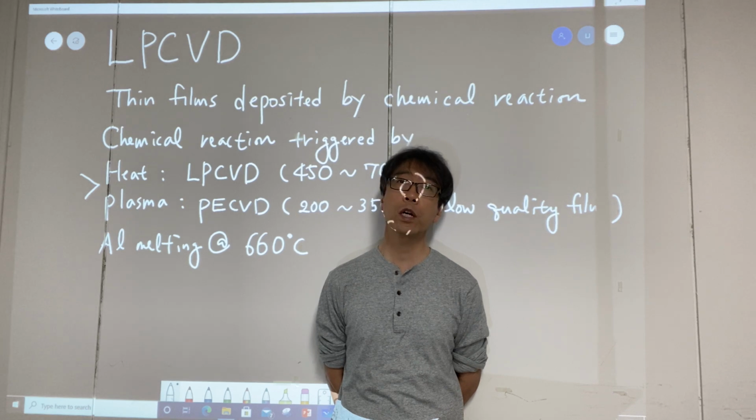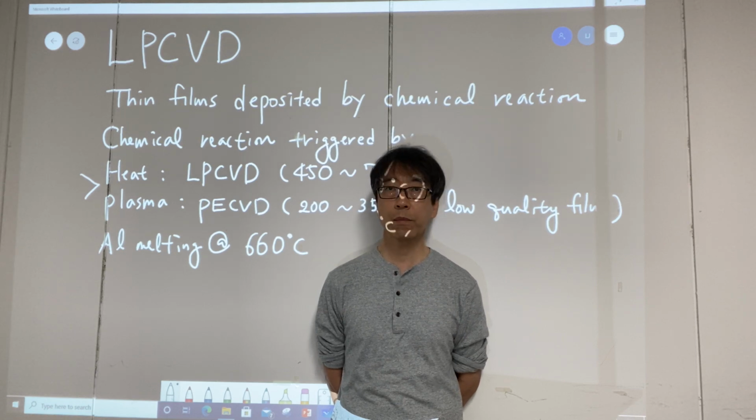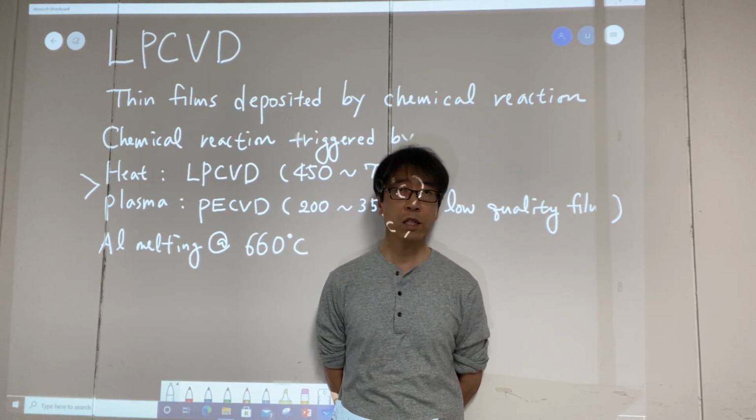Okay, that's where this PECVD actually functions, because you can lower the temperature as low as 200 degrees Celsius and then deposit some kind of thin film on top of aluminum, for example, silicon nitride or PECVD oxide, even though their quality is lower than either the furnace or LPCVD.